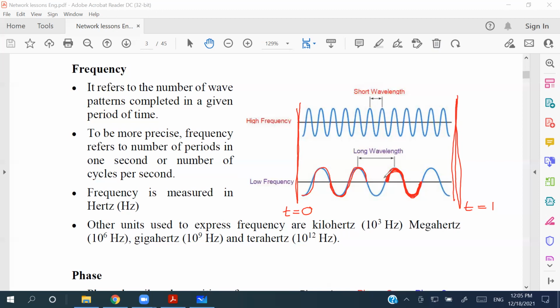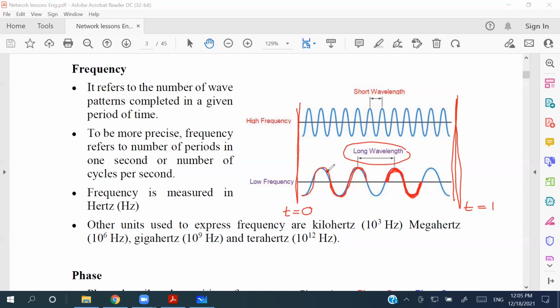There is another quality they have introduced here, which is called the wavelength. Wavelength is defined by the distance between similar points, or identical positions, of a wave.